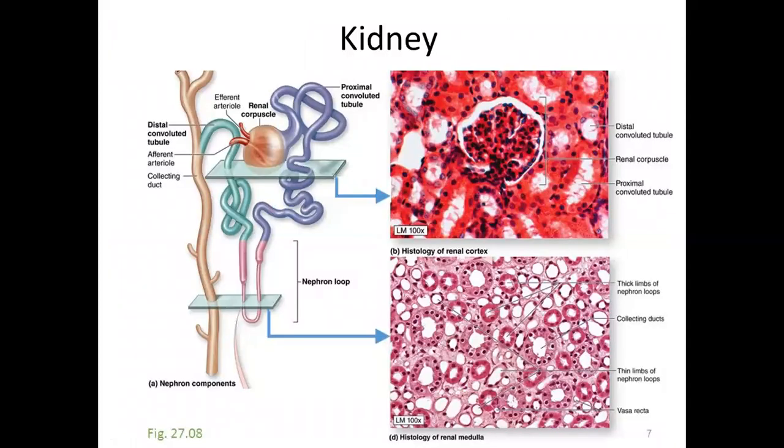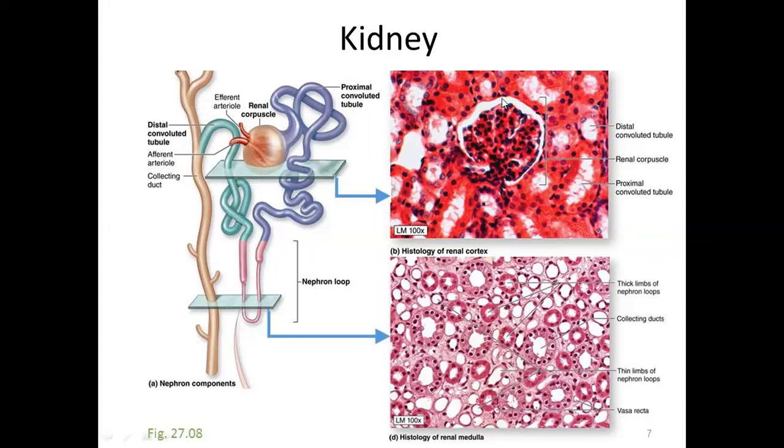Now moving onward, again giving you a schematic diagram and then its histological features. Look at this individual nephron component. The first part is the renal corpuscle, and if we cut the renal corpuscle in cross section, it will look like this: a bunch of capillaries inside, which is the glomerulus, surrounded by a cup-shaped structure, which is the Bowman capsule.